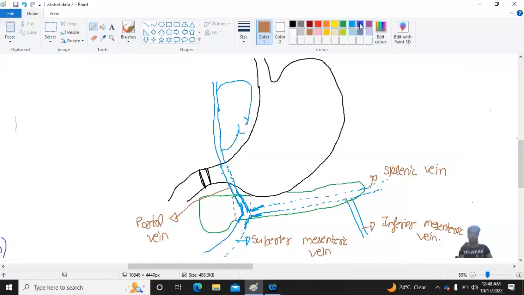There is a huge vein like this, present near this region, and then it joins the superior mesenteric vein. This is the pre-pyloric vein of Mayo.